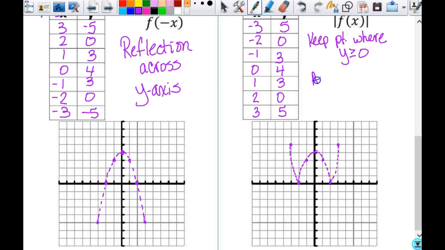And then all points where y is less than 0, reflect across the x-axis. Okay, I think my computer's doing updates and that's why I can't write. Where y is less than 0, reflect across the x-axis.